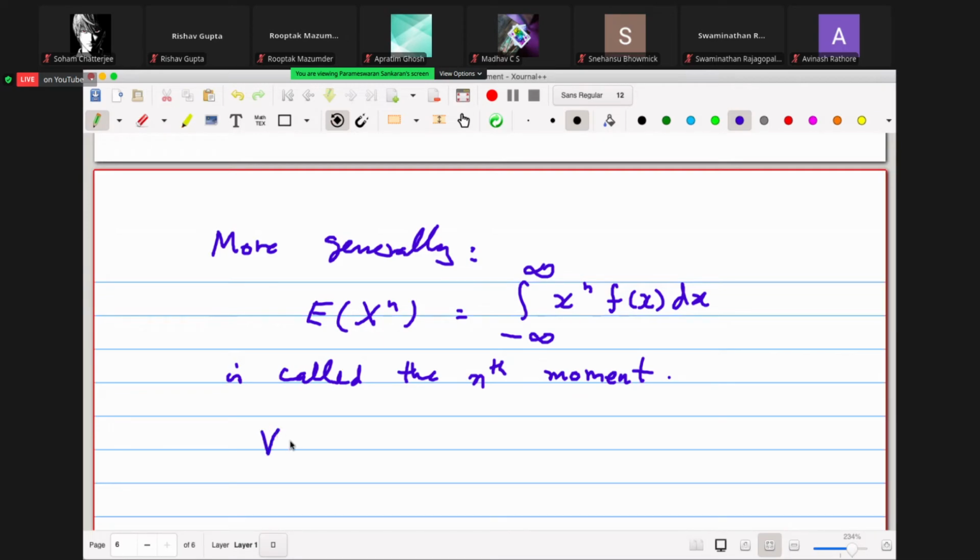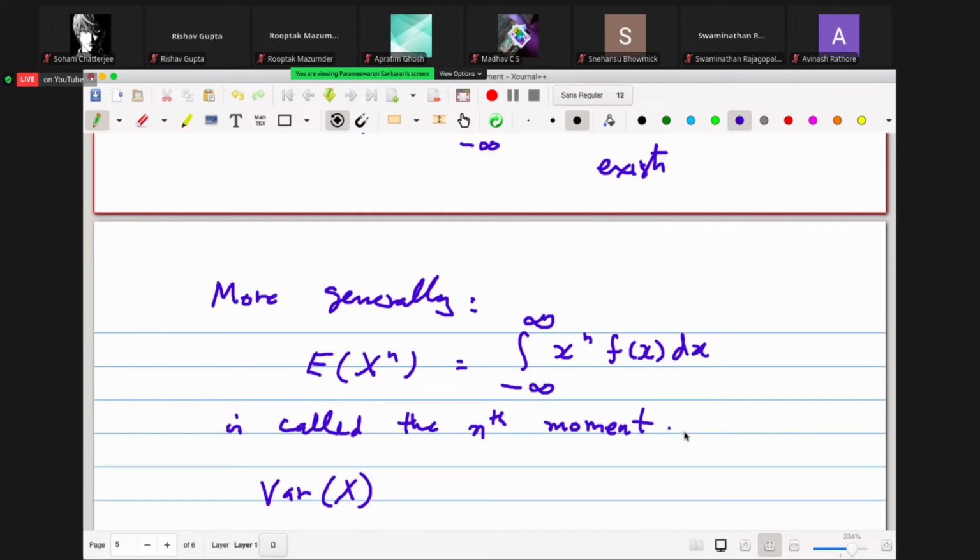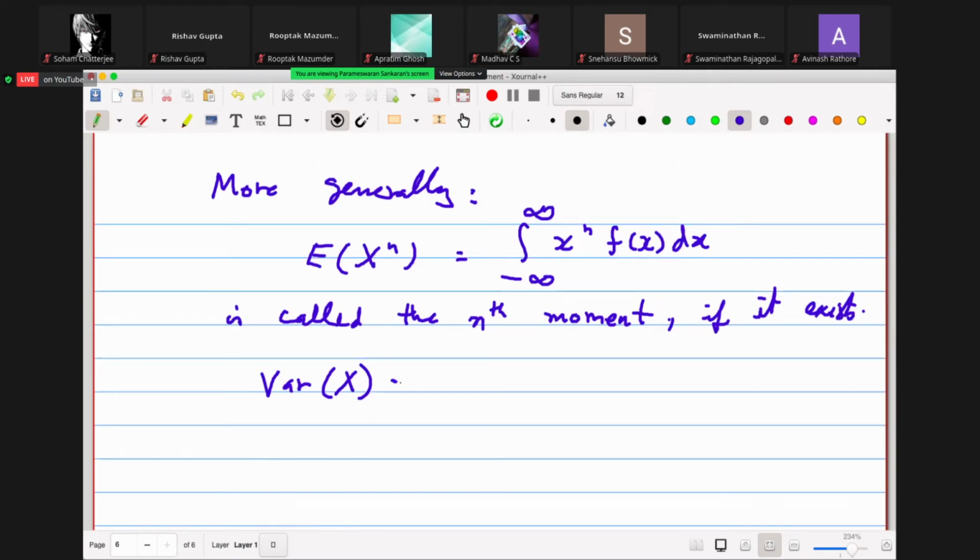Variance of X. Just because I define it doesn't mean it exists. So if it exists, I always have to say this, meaning it should be a finite number. Whenever it exists, the variance is by definition E of X square minus E of X the whole square.